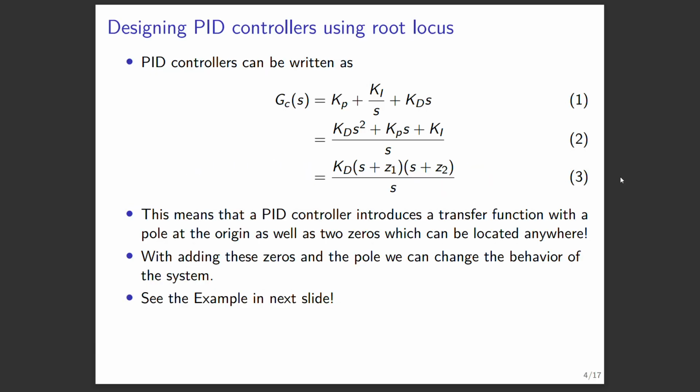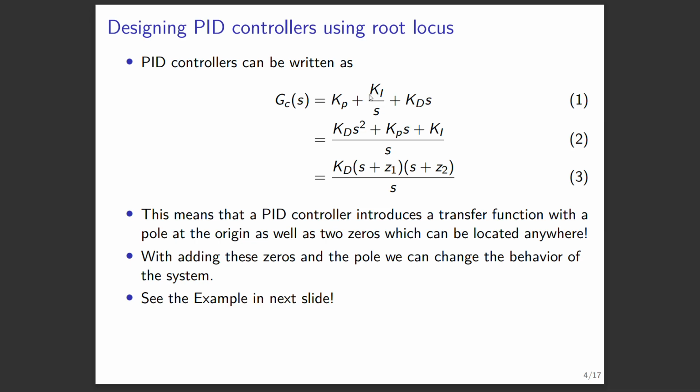So a PID controller can be written as equation 1. The transfer function of a PID controller has a proportional gain, an integral gain and a derivative gain. The derivative gain is multiplied by the derivative term.